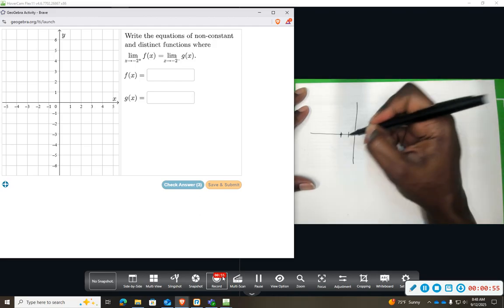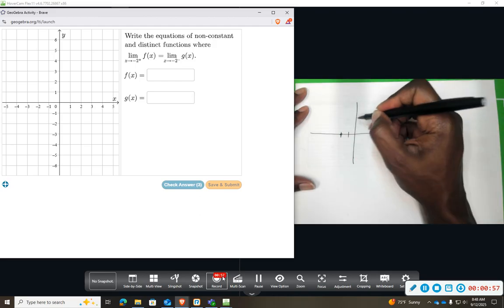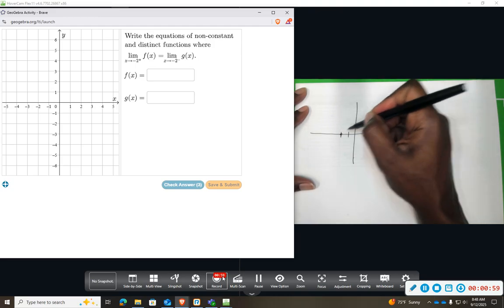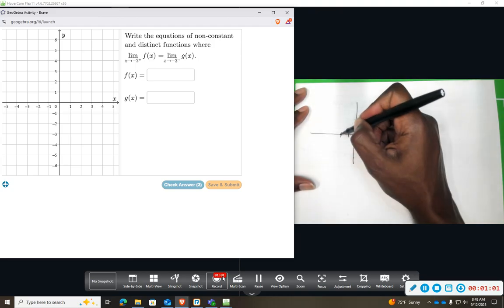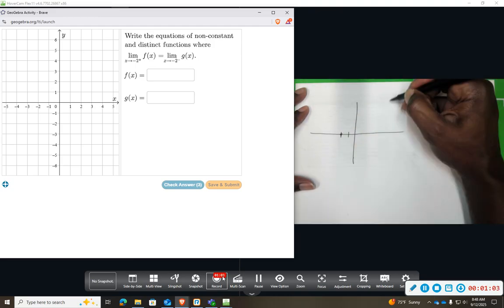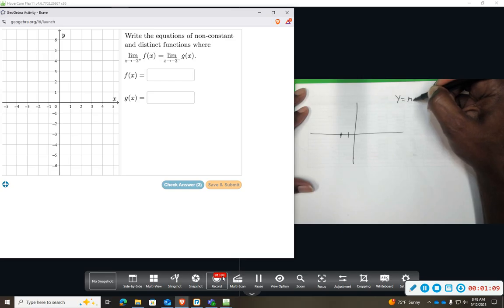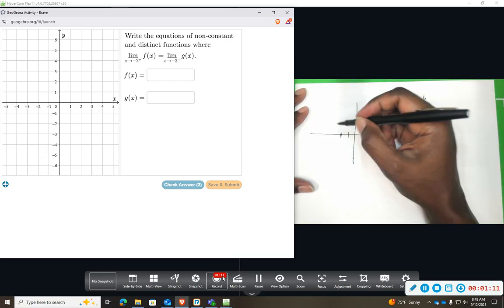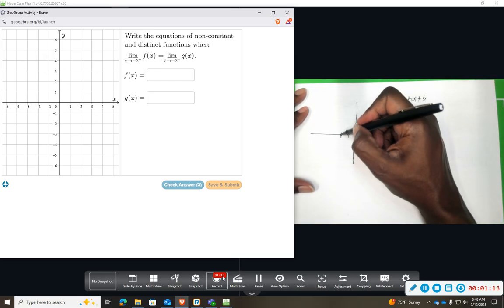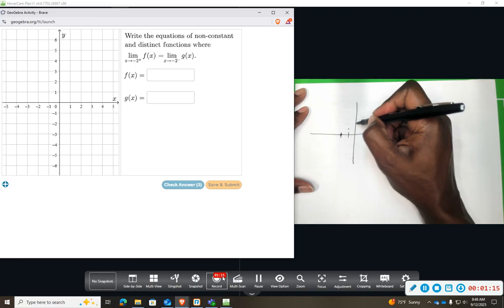And if I want to draw a linear equation that crosses at -2, let's just think about slope intercept form, y equals mx plus b. So if I start here and I just go up 1, right 1, and up 1, right 1, I will intersect the y axis at 2 and then have a slope of 1.